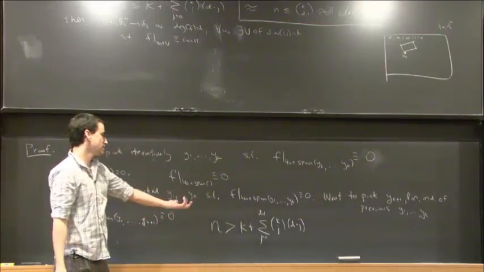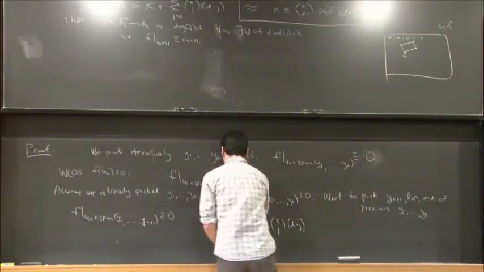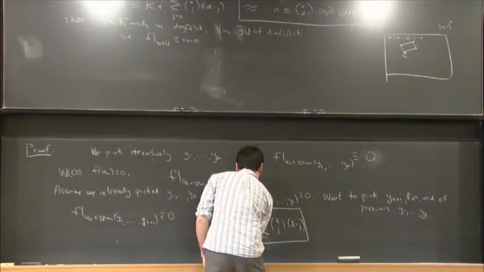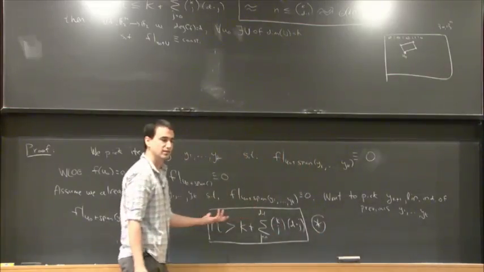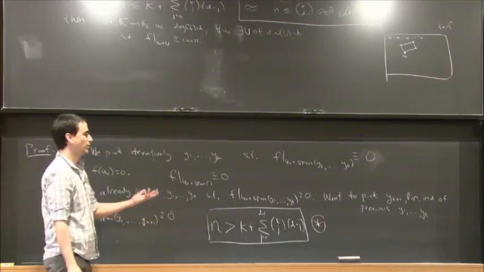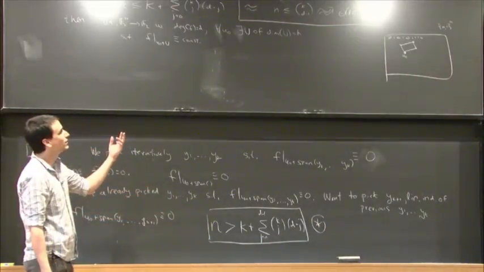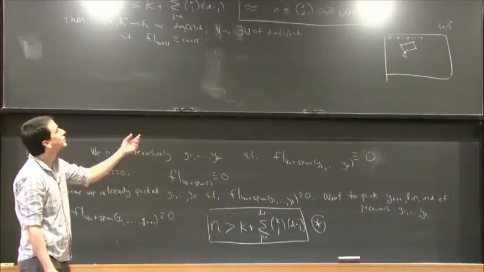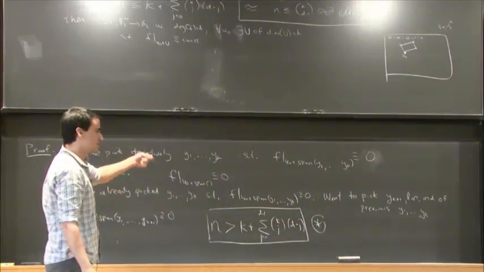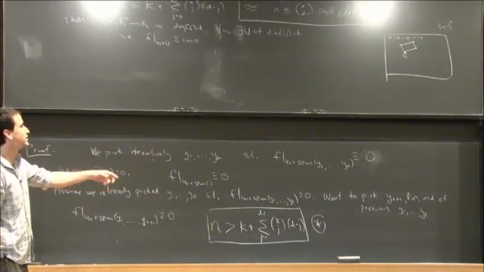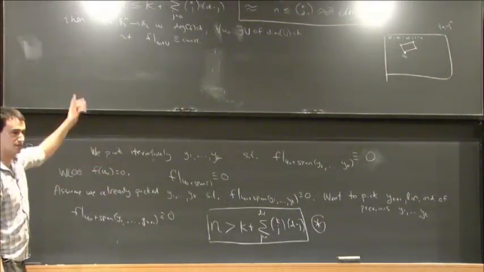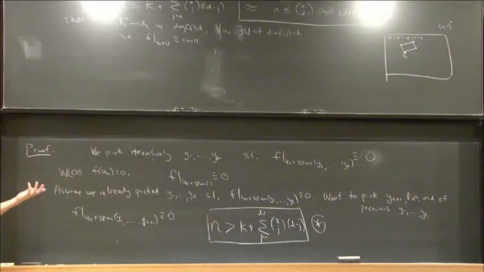Okay, so as long as this star inequality holds, we will find such a yk plus 1. And why does this prove the theorem? We are doing this iterative process, and we will stop when this inequality does not hold. So this means that the inequality holds, and we have a very large subspace.